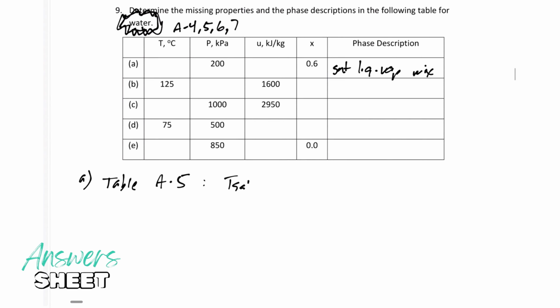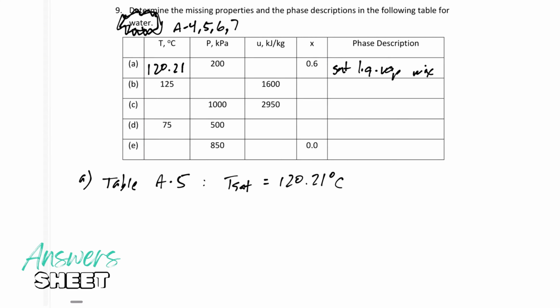So Tsat is 120.21 degrees C. Now, you don't have to write units up here because units are already written right there. And you have to fill it in right there. You can show me your work down here, but I'm really looking for that to be filled in.